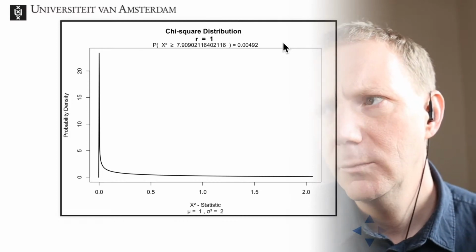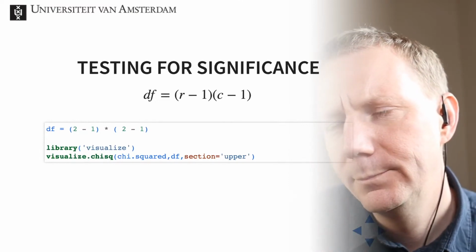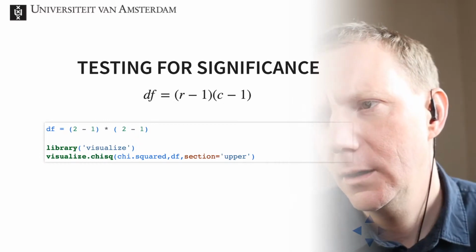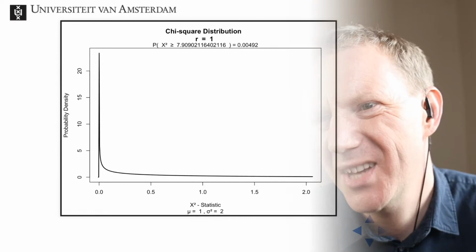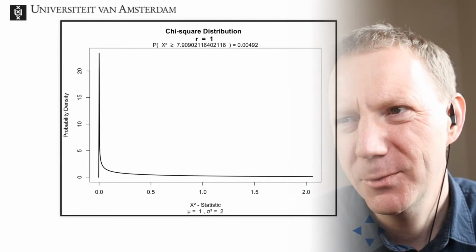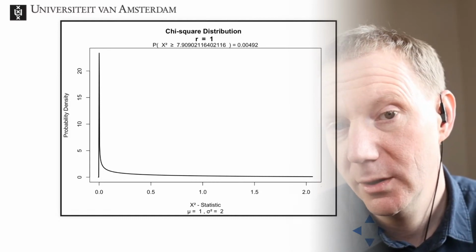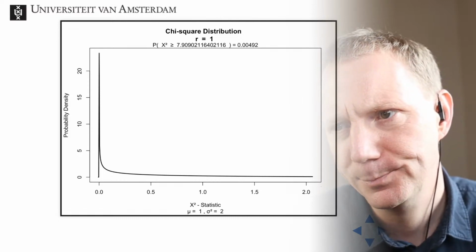I have to make one slight remark on the sidedness of the chi-square distribution, because as you can clearly see from this distribution and also from the previous distributions, it's clearly one-sided.